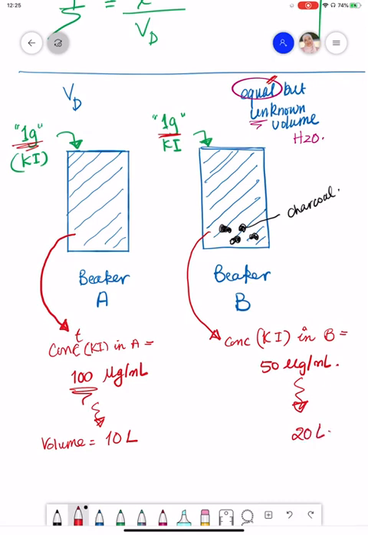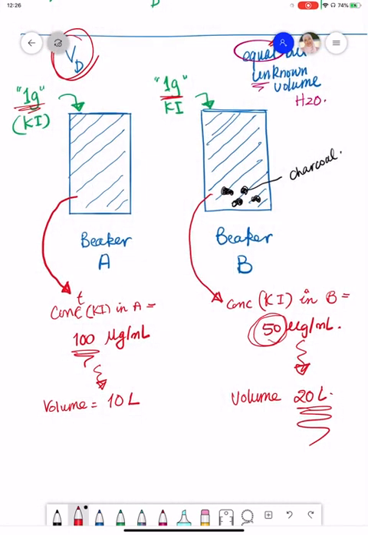So even though we are having the same equal volume of water in both beakers, we are having a larger volume here with lower measured concentration of the KI. And this is a symbolic way to understand the volume of distribution that we have in kinetics. Okay, how is that?